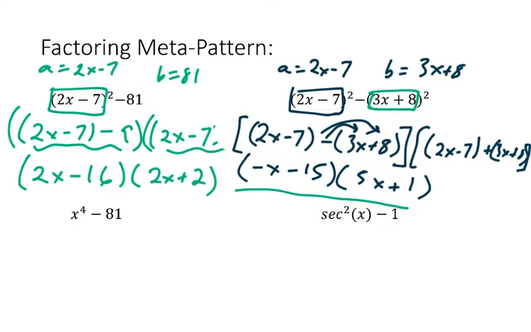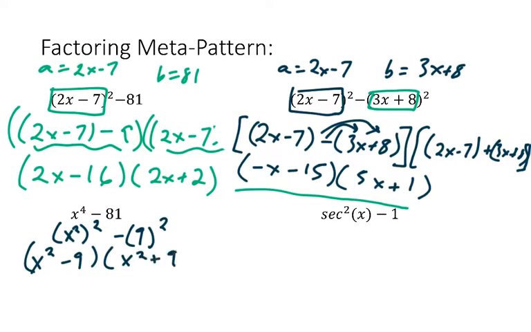Now, for these ones. This is x to the fourth. I can think of this as x squared squared minus 9 squared. So then I can break this up, and I can do an x squared minus 9 and an x squared plus 9.